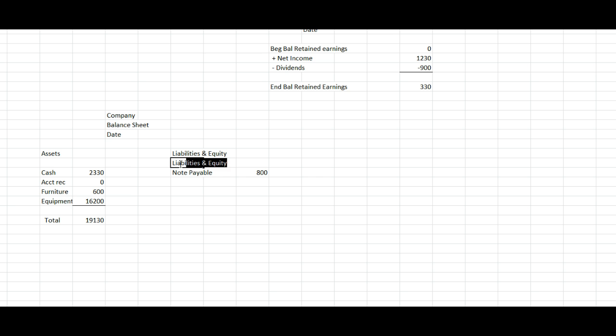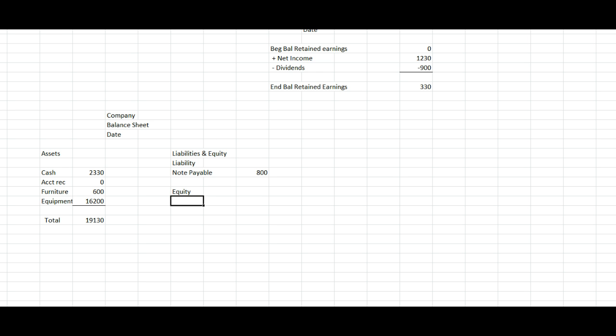And I'll just label it to make sure everybody can see that. Liabilities, although there's only one. There we go. And then I'm going to put the equity underneath that.